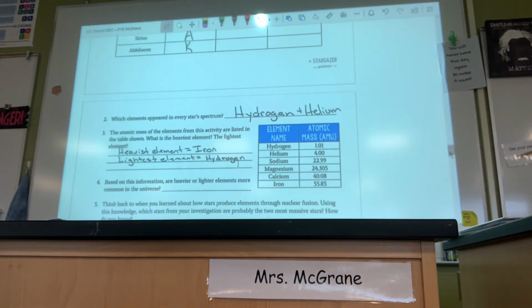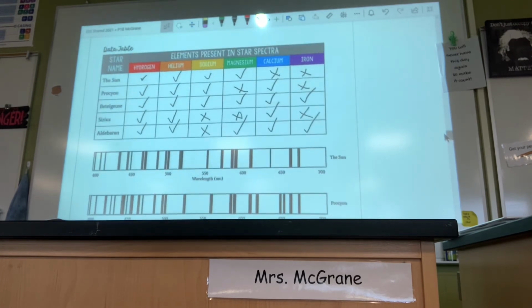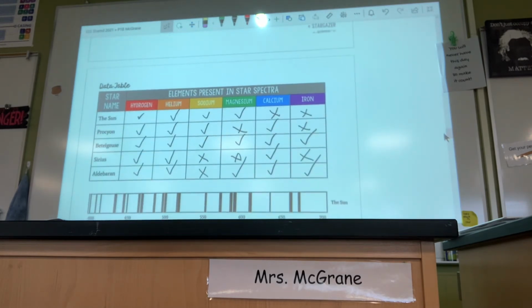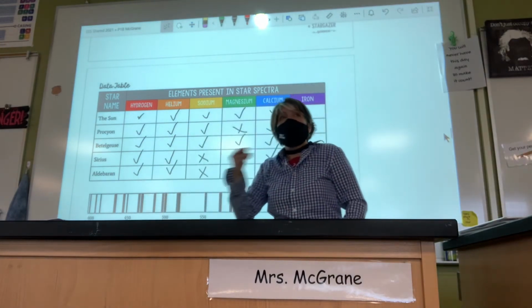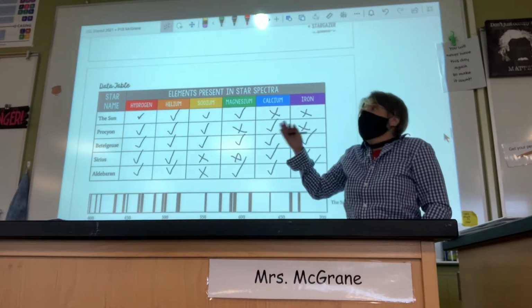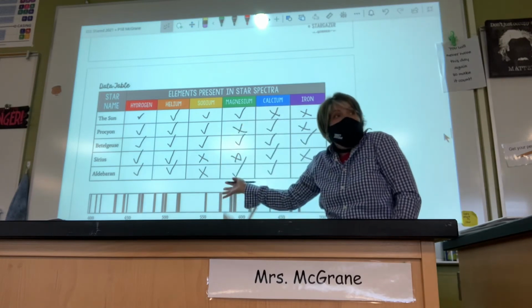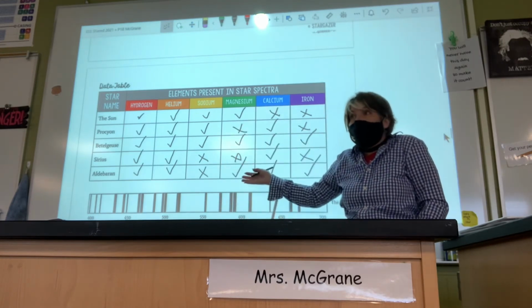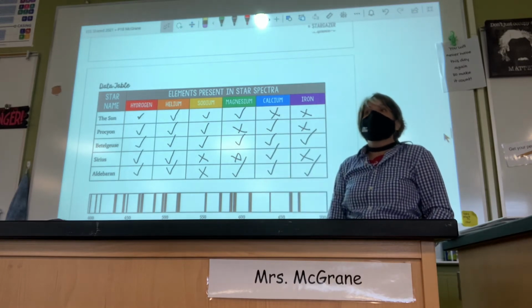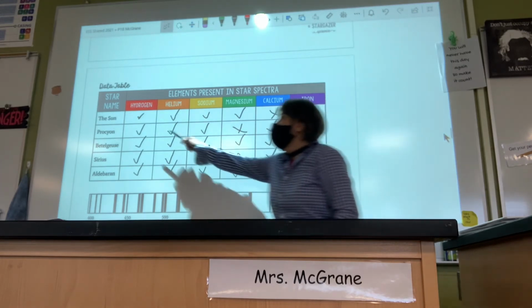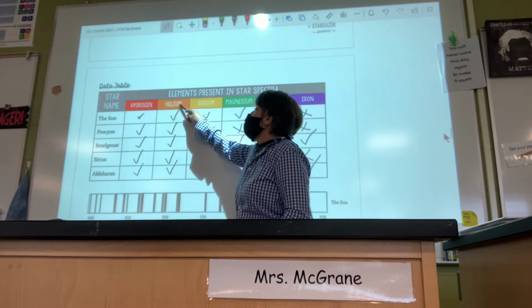This table right here, if we want to know what elements are most common, we would have to look at the sampling of stars we went through and see what elements are most common here. And what did we find out? What elements are in every single star we looked at? The lighter elements. Hydrogen, very light. Helium, the second lightest.